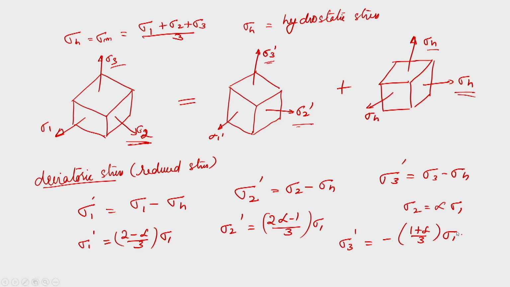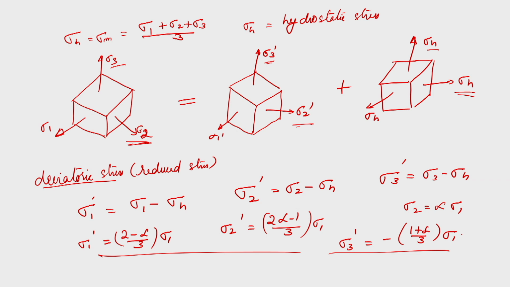So, basically the deviatoric stresses are the difference between the actual principal stresses and the hydrostatic stress. Now let us look at these conditions and apply them to the yield criteria, because these are the relationships between stress and strain. Using this relationship, we have to look into the yield criteria. Let us say first is the Tresca criterion.